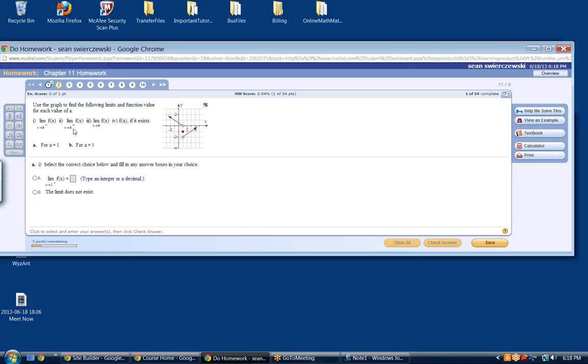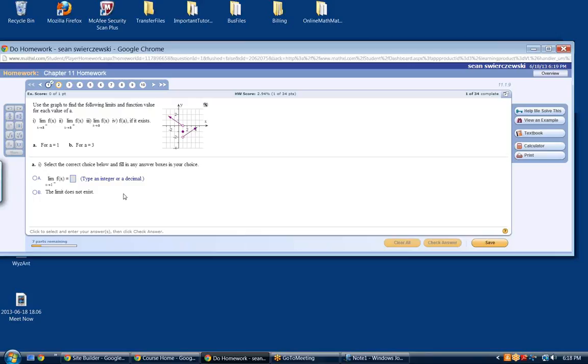And in this case, it did not. This limit was 0. This limit was -2. Since they're not the same, this limit does not exist. And what is f of a? -1. And now let's use an a of 3.